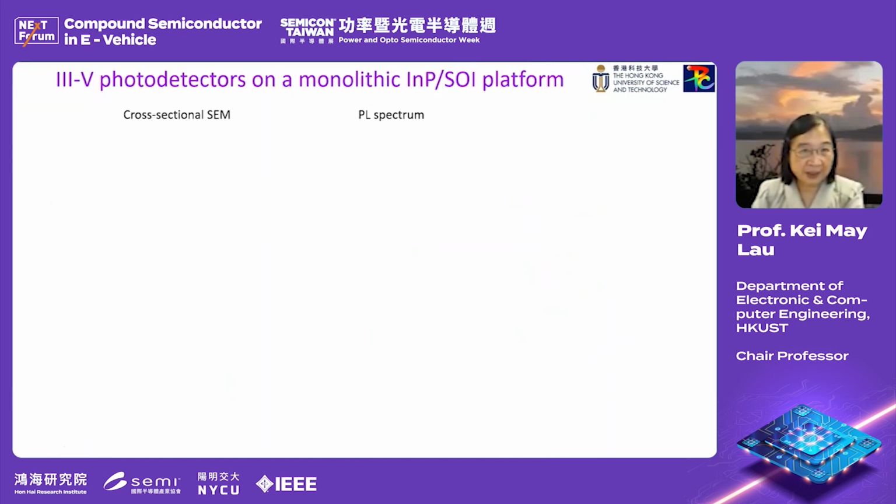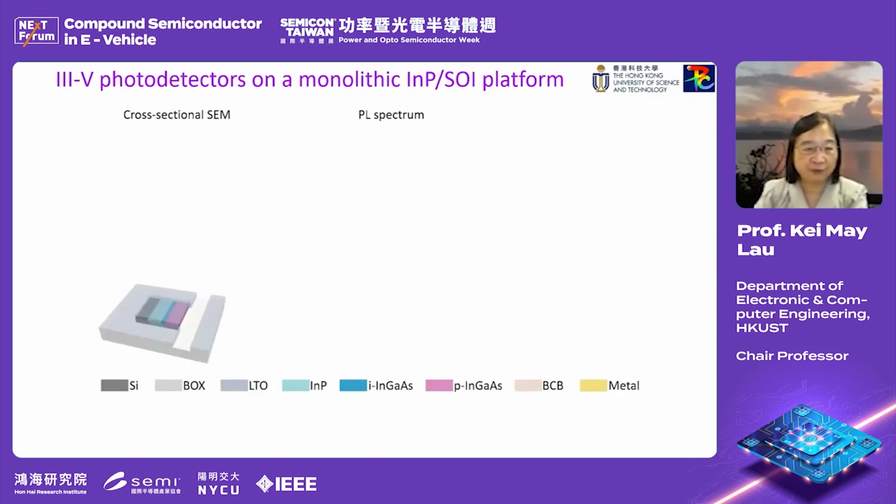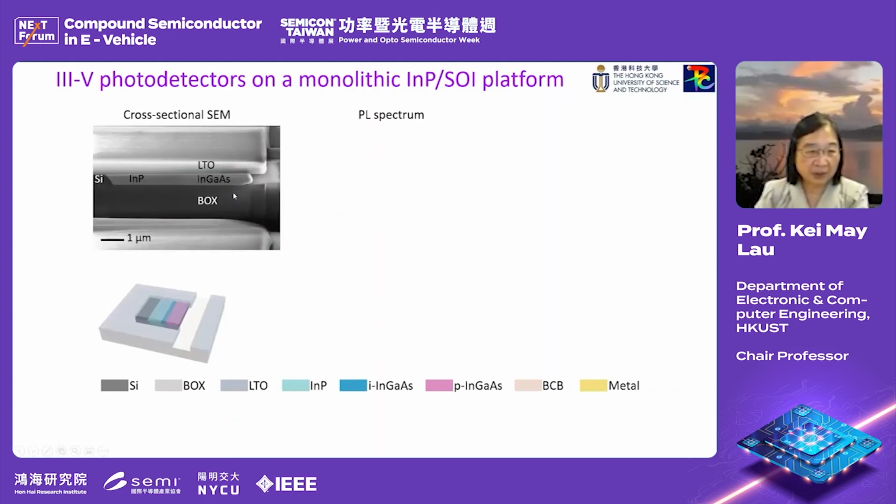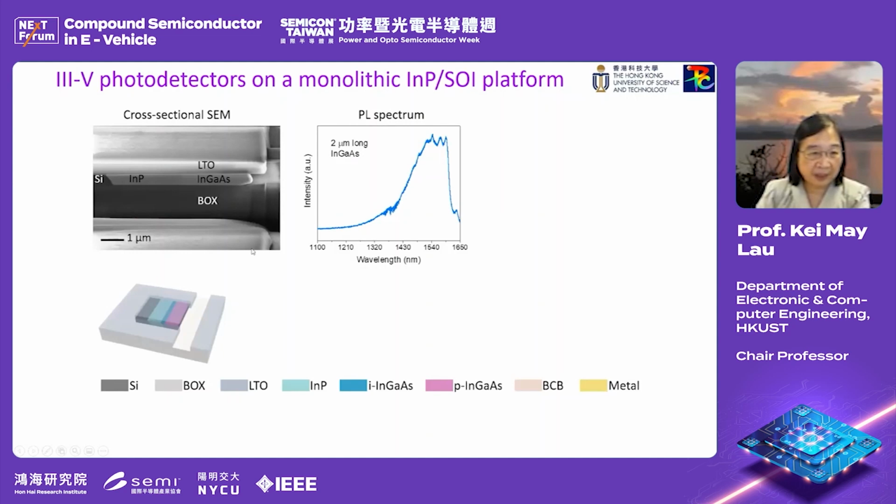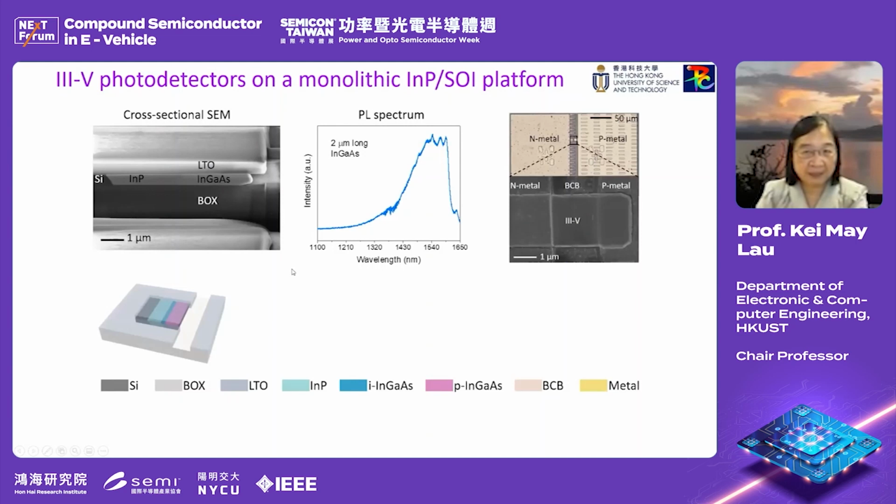This other one shows photodetectors on the same indium phosphide on SOI platform. We fabricated them by growing N-type and P-type, and in the middle we grew insulating indium gallium arsenide.